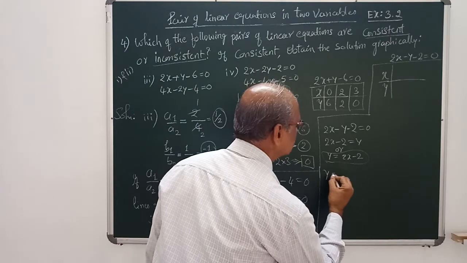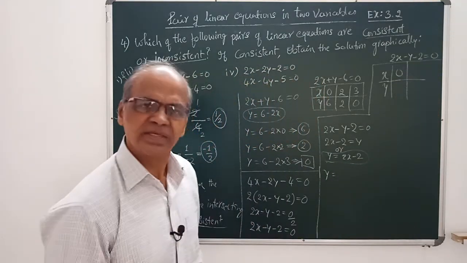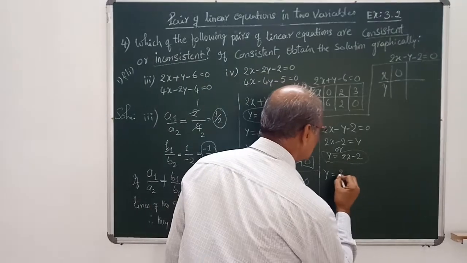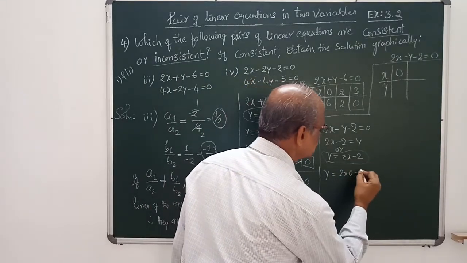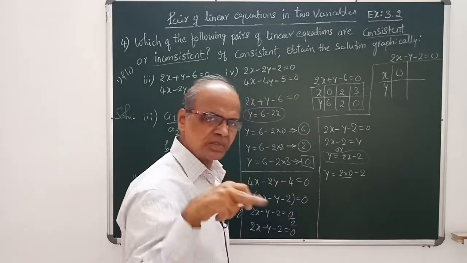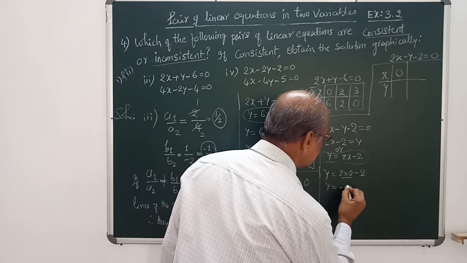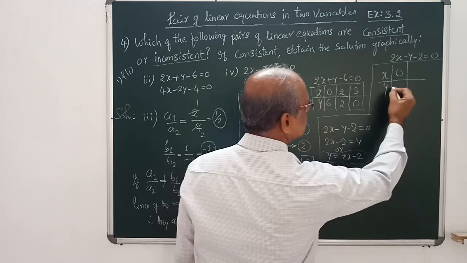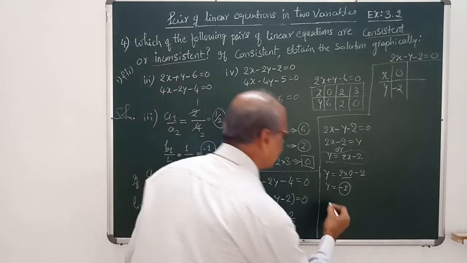Y is equal to 2x minus 2. Let me take x as 0. That means 2 into 0, the x value is 0, minus 2. The whole thing becomes 0, so the answer is y is equal to minus 2. That is the first coordinate. Okay, second one.